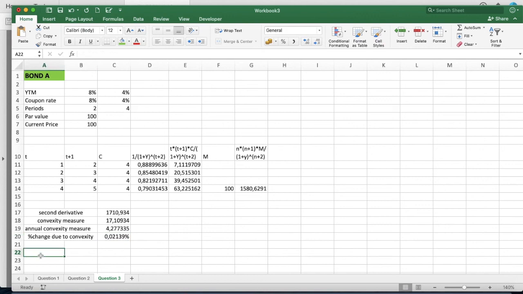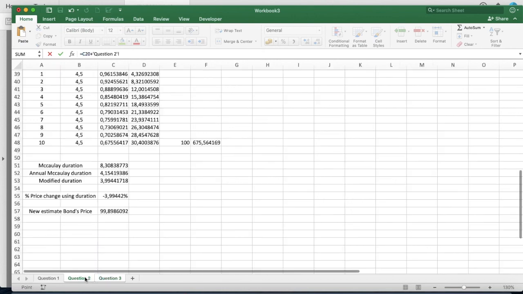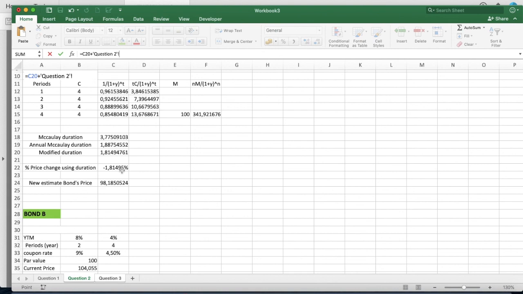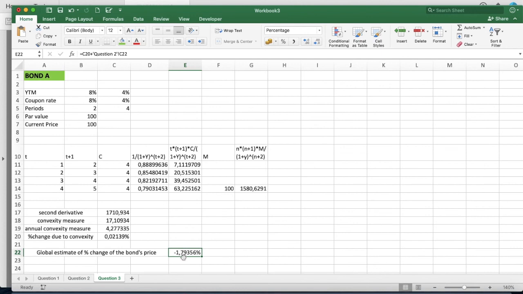Now, the global estimate of the percentage of change of the bond price will be equal to the percentage change due to convexity, this one, plus the percentage change due to duration, for A, so this one, for A, is equal to minus 79356%.